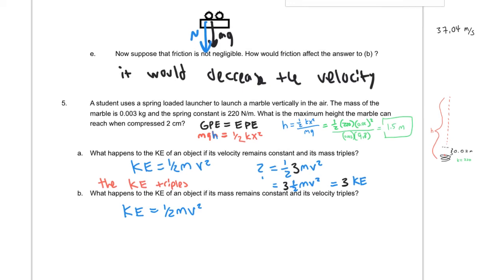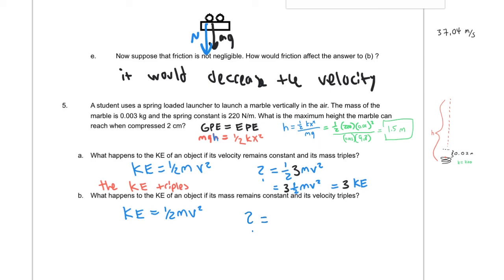So, once again, we can do it in a similar format where it's 1/2 mass. But now it's going to be 3 times v, and that's squared. Notice how the 3 is going inside the parentheses because it's now 3 times the old velocity. This is the new velocity, which is 3 times the old velocity. So that new velocity needs to get squared.